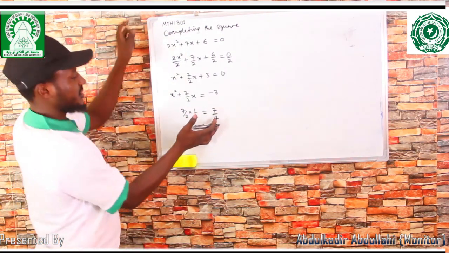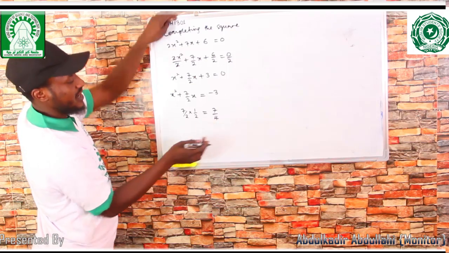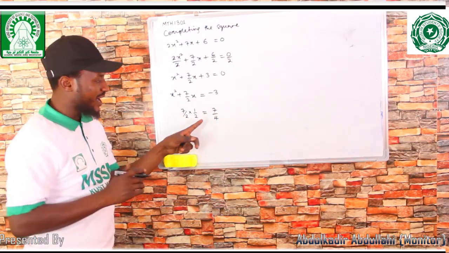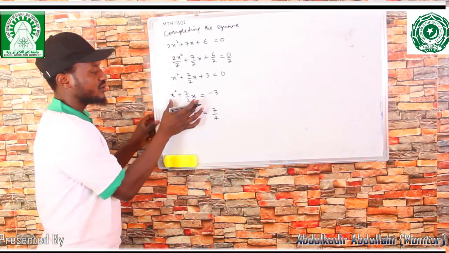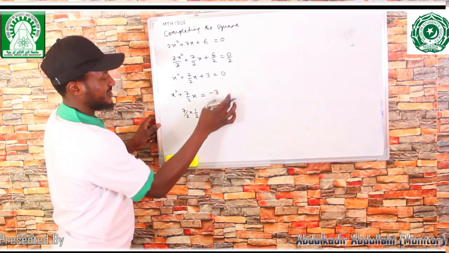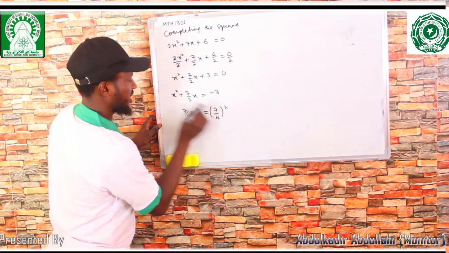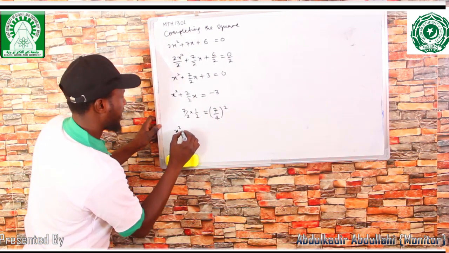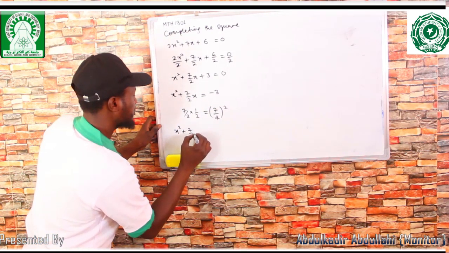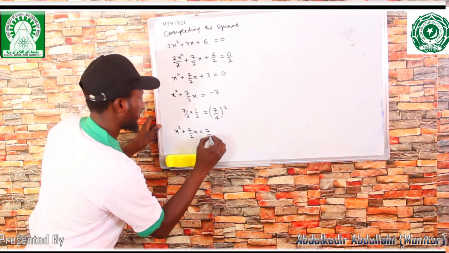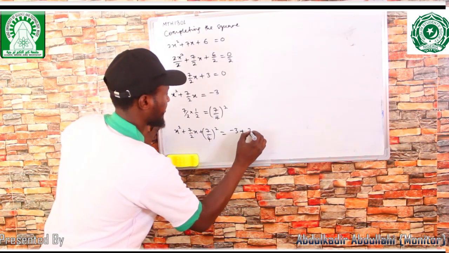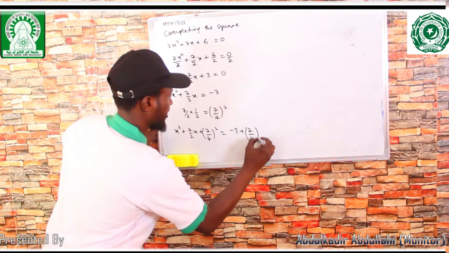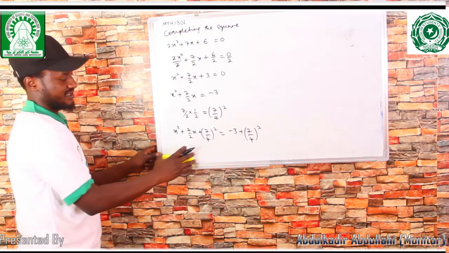Then the next step is to square this result and add it to both sides. So we have x squared plus 7 over 2 x plus 7 over 4 squared is equal to minus 3 plus 7 over 4 squared.